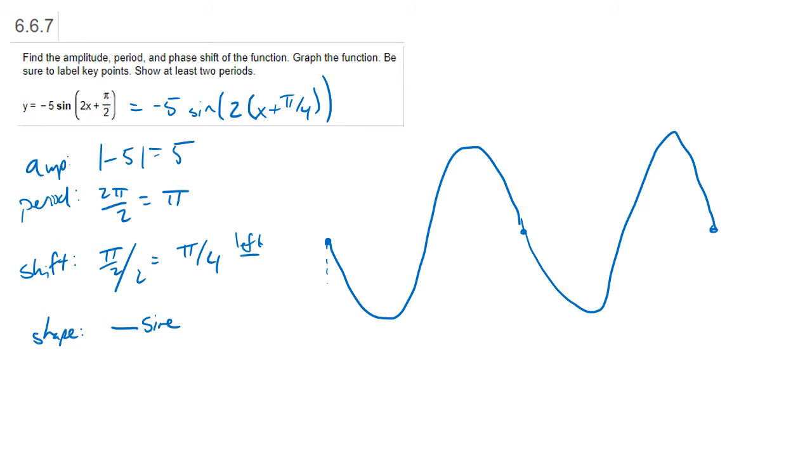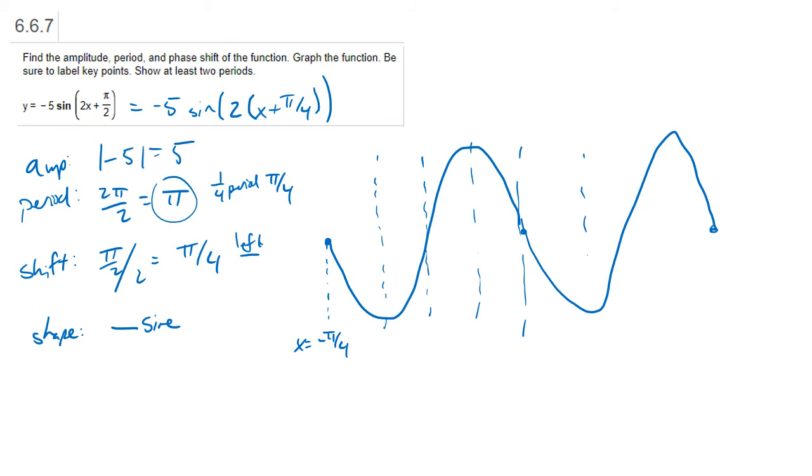So instead of starting this at 0, I'm going to start at pi over 4 units to the left at minus pi over 4. Now, if my period is pi, 1/4 period is pi over 4. So from the median to the minimum, to the median, to the maximum, to the median, to the minimum, to the median, to the maximum, and at the end back to the median, I just add pi over 4.